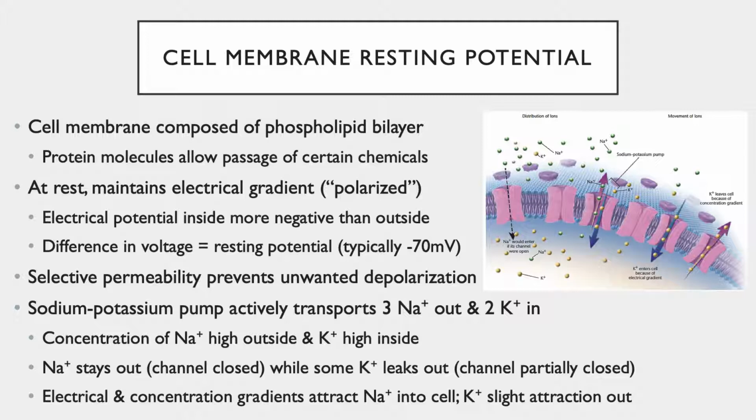Messages in a neuron develop from disturbances in this resting potential. Again, at rest, the inside of the cell is significantly more negative than the outside of the cell. And this is particularly due to negatively charged proteins that are predominantly contained inside the cell. Surrounding the cell in the extracellular fluid are many sodium ions that are actually 10 times more concentrated outside the cell than inside the cell.